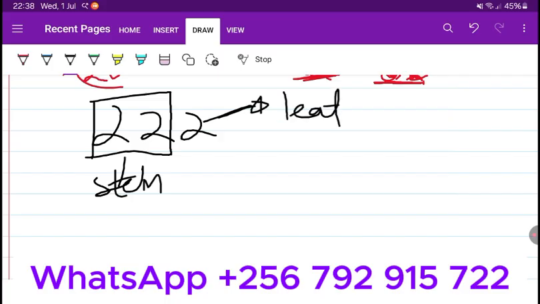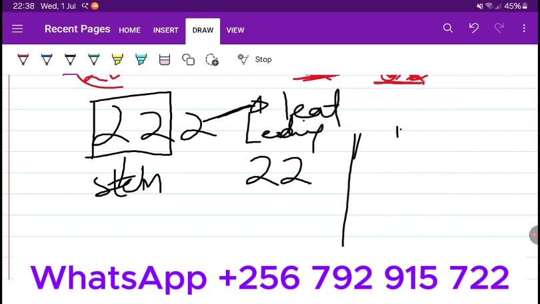So my leading value is 2, 2. If I put a line to separate them, this is the stem, and this is my leaf of 2. If I remove the slanting line, it will be 2, 2, 2.